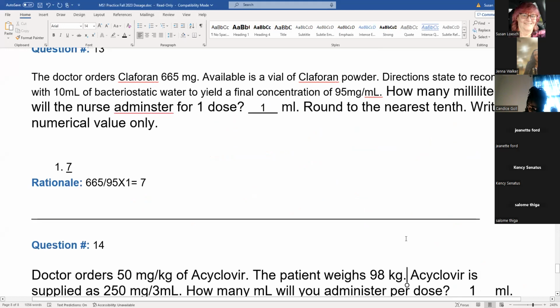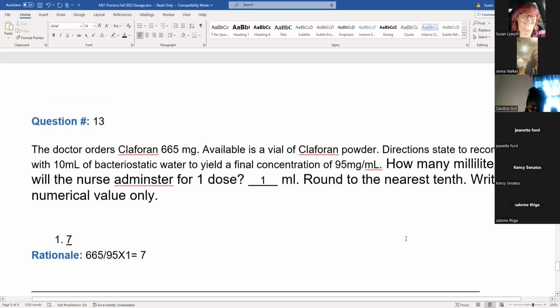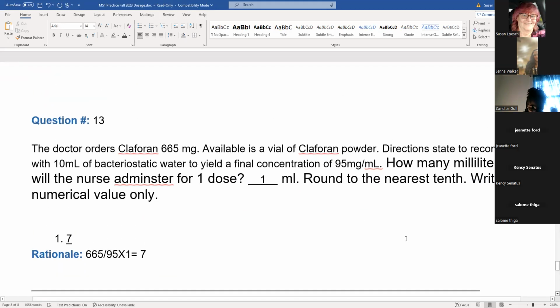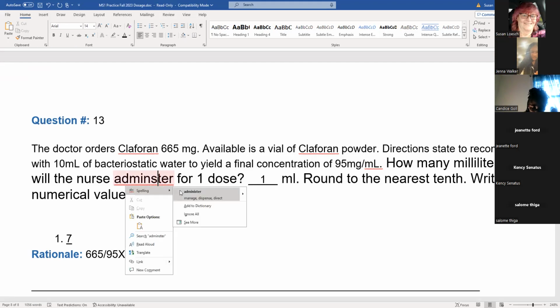All right, let's try another one with the reconstitution. So you guys see the questionnaire. Everybody good with these? Whatever your final concentration is what you have on hand. And the question right here says, how many mLs will you administer for 1 dose? So that tells you right there that the formula is what? Desired over half.